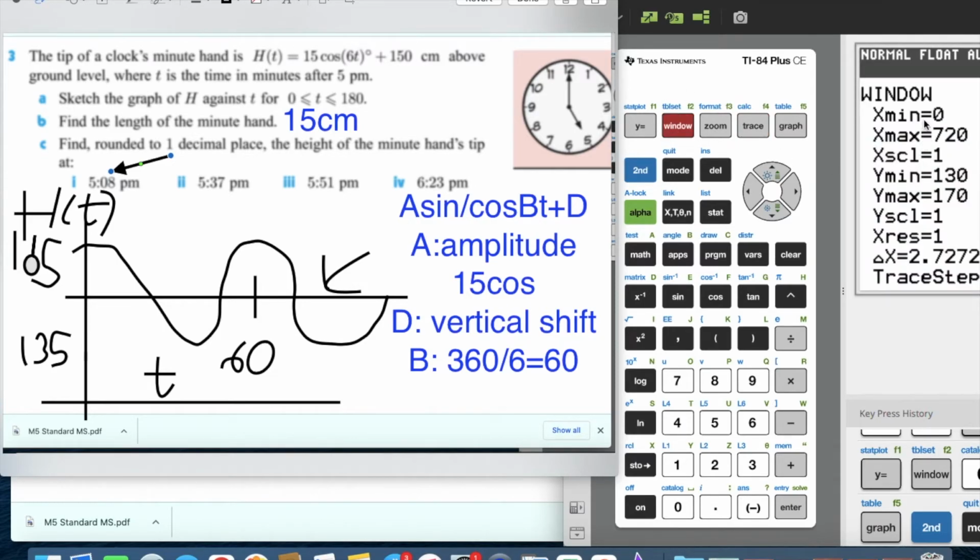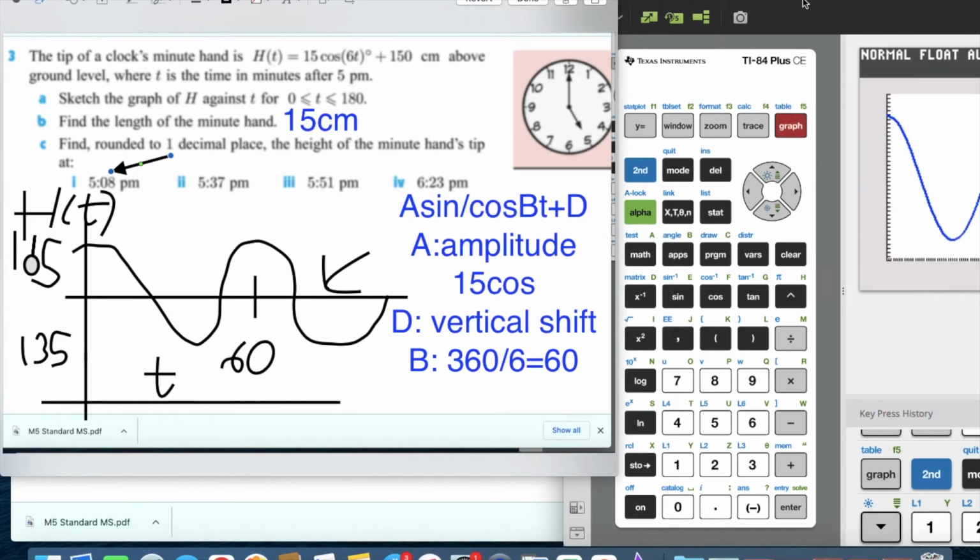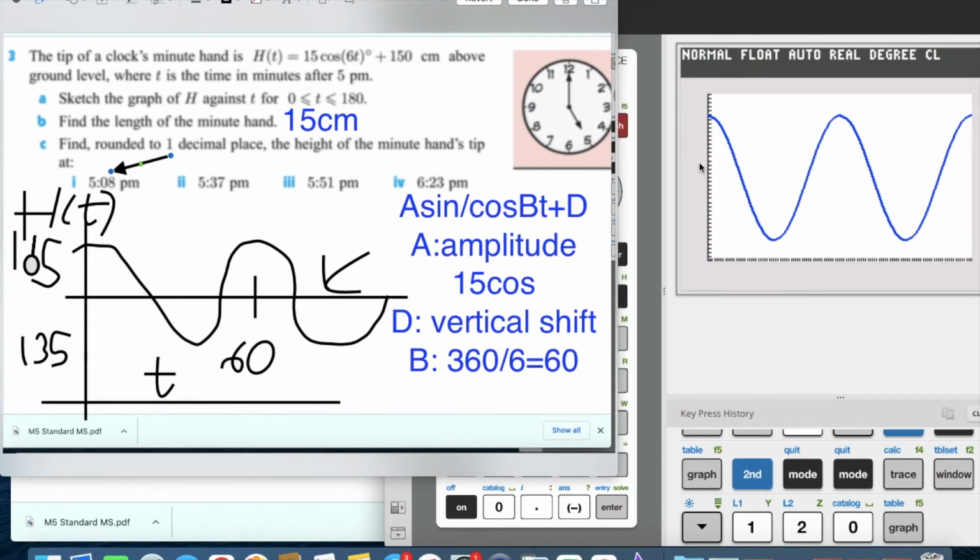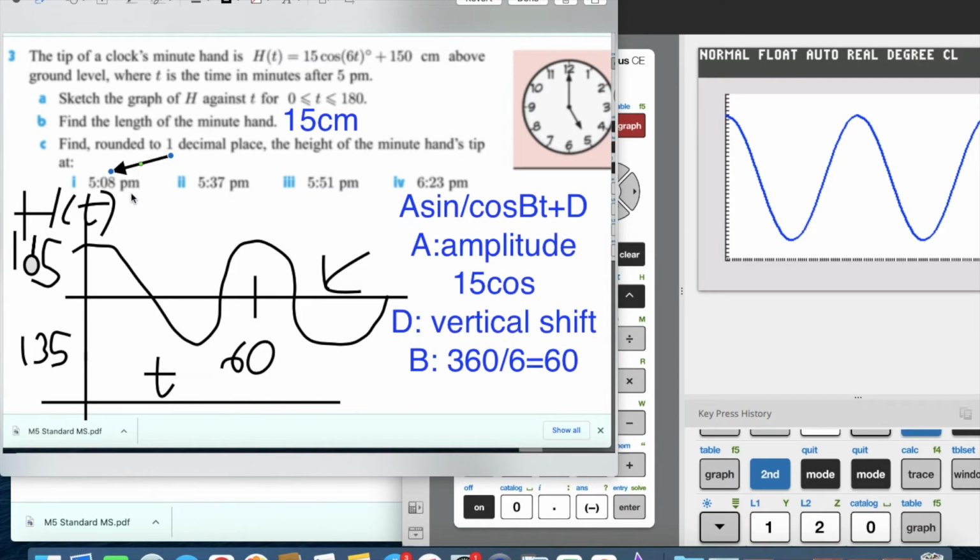So I might just do 2 periods. So I'm going to say x starts at 0, because it often does with these kind of problems, and we want 2 lots of 60, which is going to represent 2 hours, or the clock handle going around twice. Then we're going to press graph. There we go. So we're going to say clock handle at 12, clock handle at 6, at 12, at 6, at 12. So that's 2 periods.